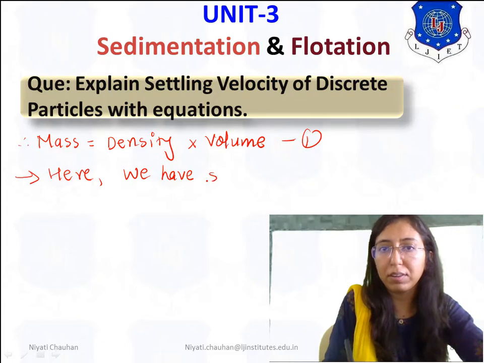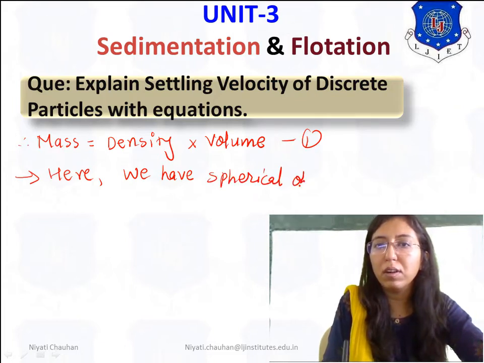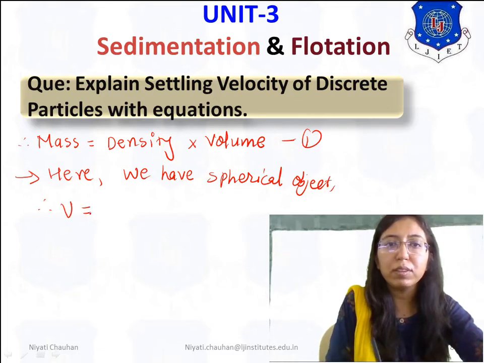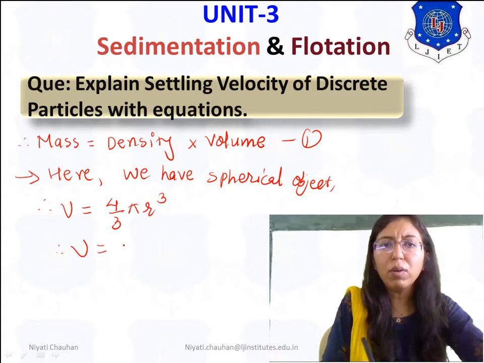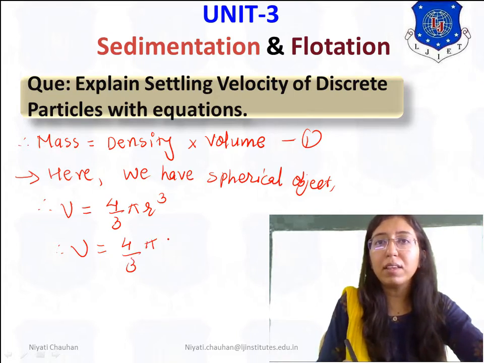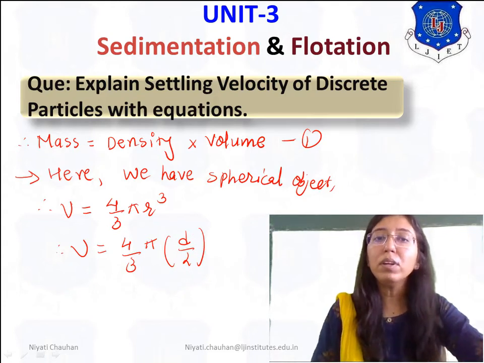Here we have a spherical object. So volume of this object is 4 by 3 pi r cube. We know that d is equal to 2r, so r is equal to d by 2, radius is equal to diameter upon 2.